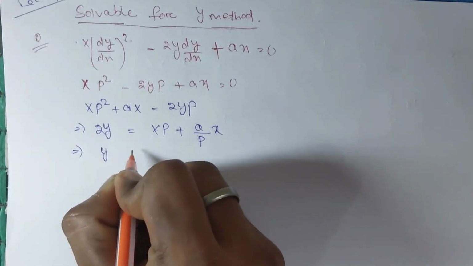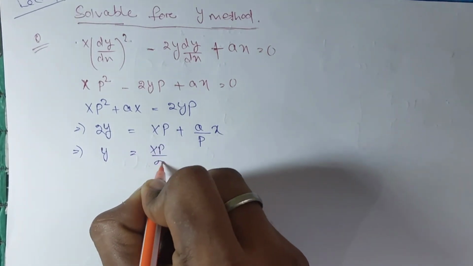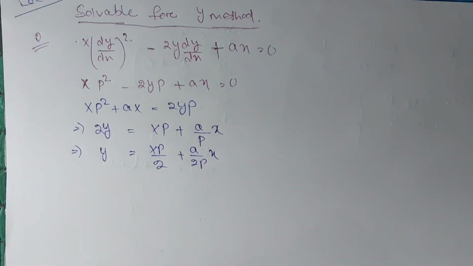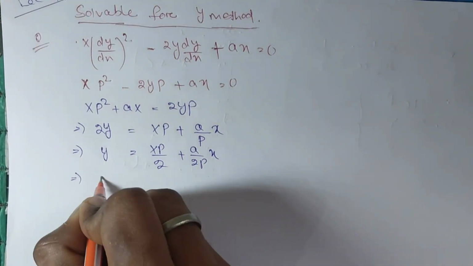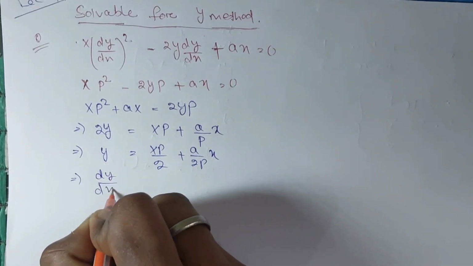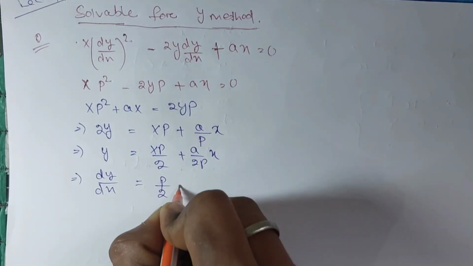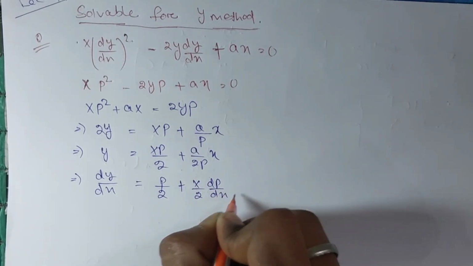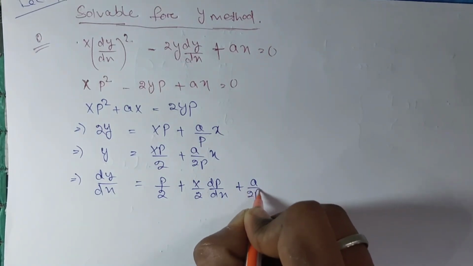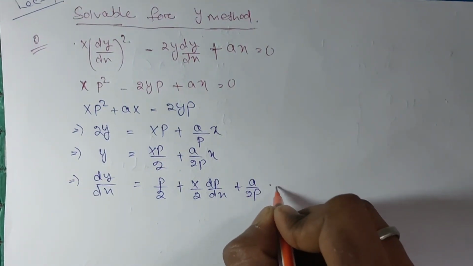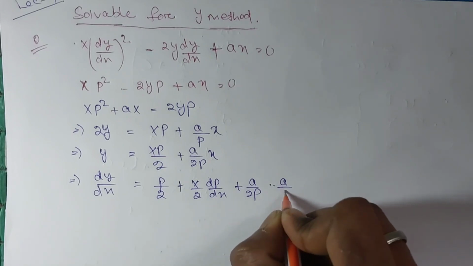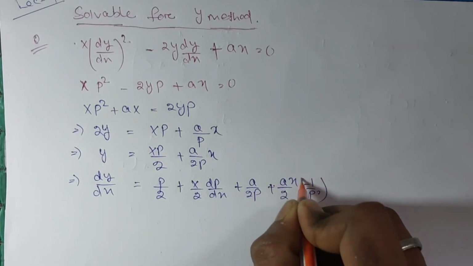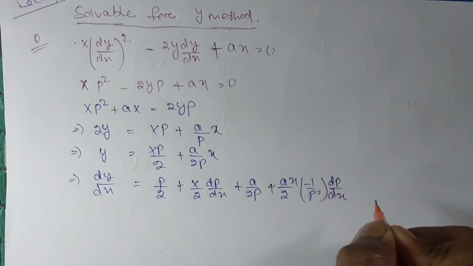Further you can write it as y equals x p by 2 plus x by 2p. Then differentiate both sides with respect to x, then it becomes dy by dx equals p by 2 plus x by 2 dp by dx plus 1 by 2p, and then x by 2 times minus 1 by p square dp by dx.